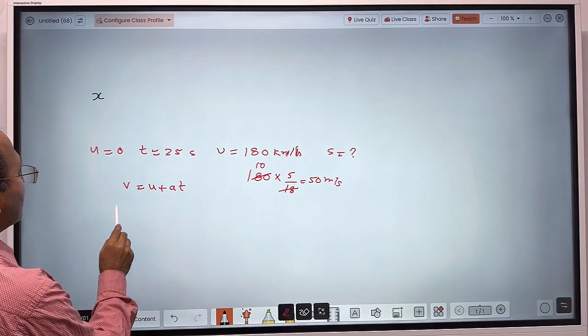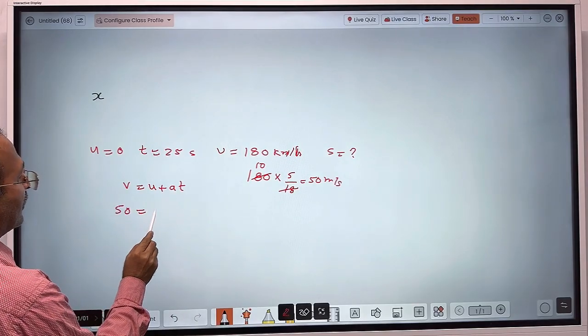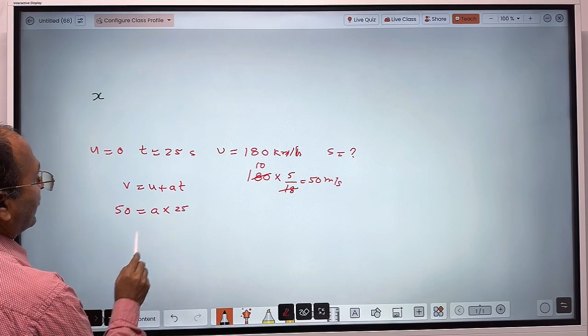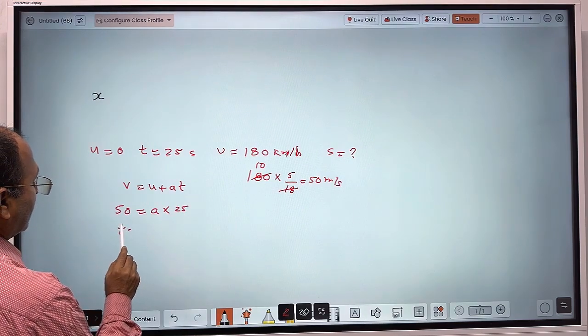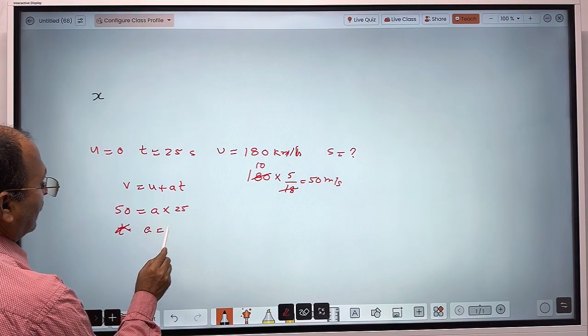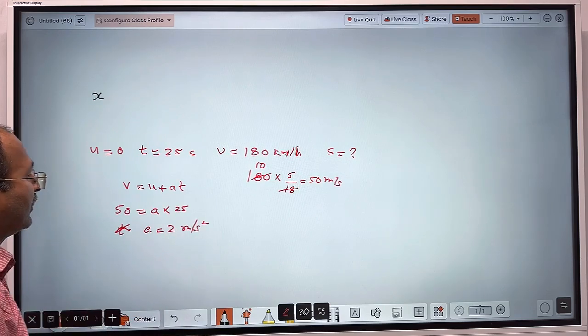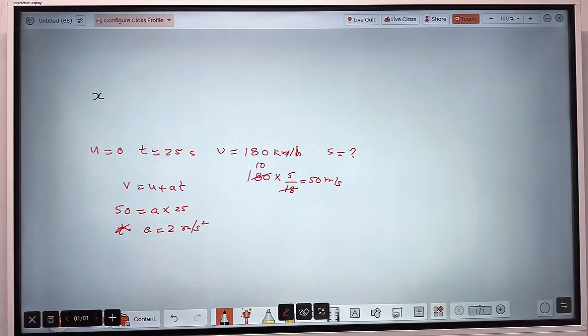So it has become simple. This is 50, this is 0, acceleration is to be found, and time is given as 25. So from here we get a equal to 2 meter per second square. So we have got the value of a.